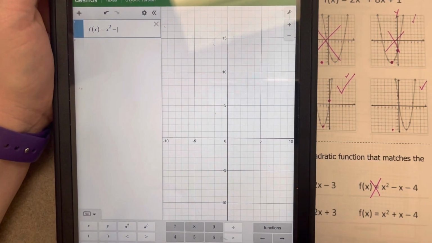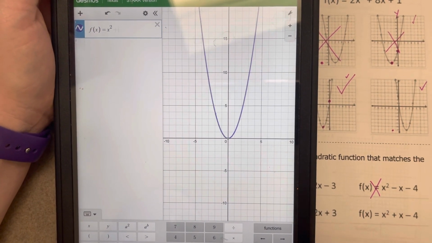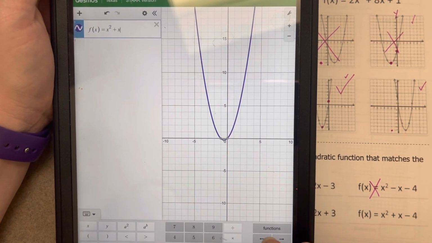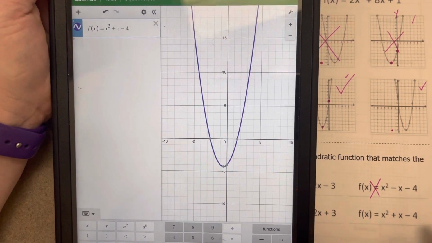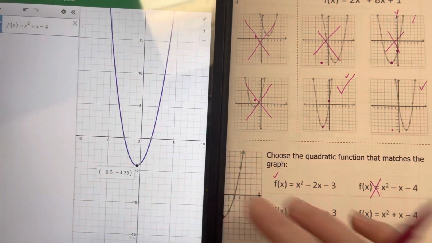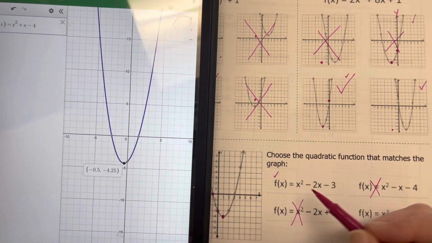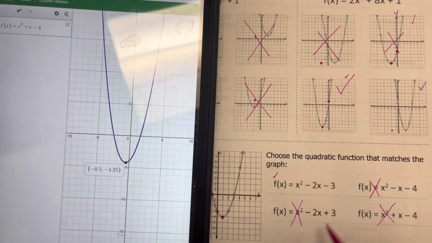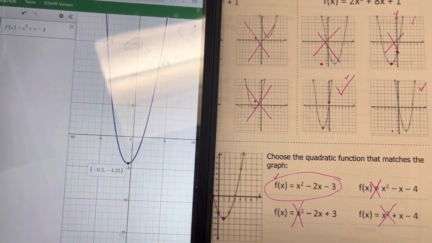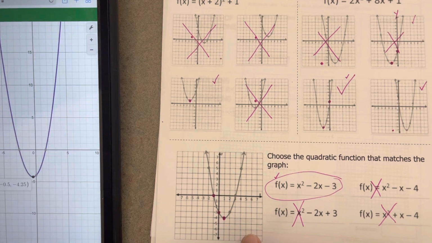We're going to delete what's in there. So I have x squared plus x minus 4. Again, your vertex is in the wrong spot to match up with this vertex, so it can't be that one either, which means this first equation matches this graph.